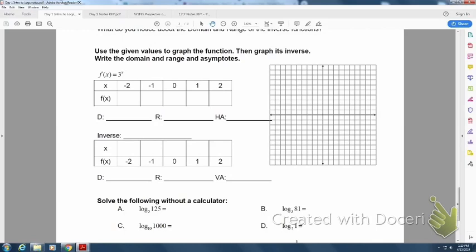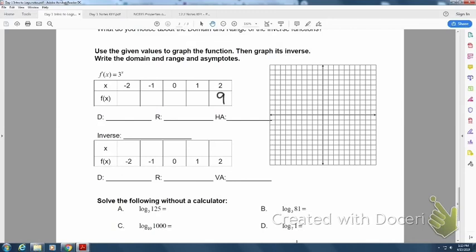So now we're going to graph our own exponential, find the inverse, graph that log, so that we can, again, compare them. So if I have 3 to the power of 2, what is that? 3 times 2 times 2. No. What's 3 squared? 3 times 3. 9.